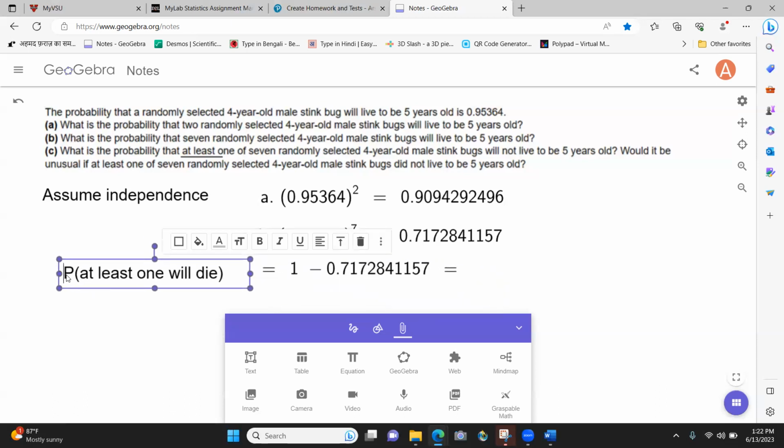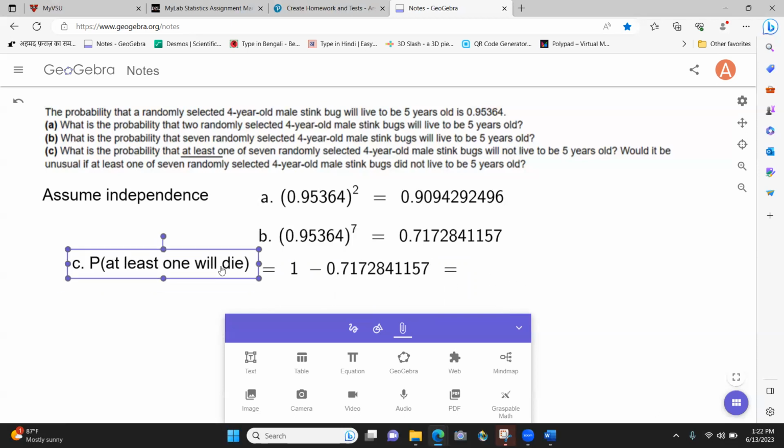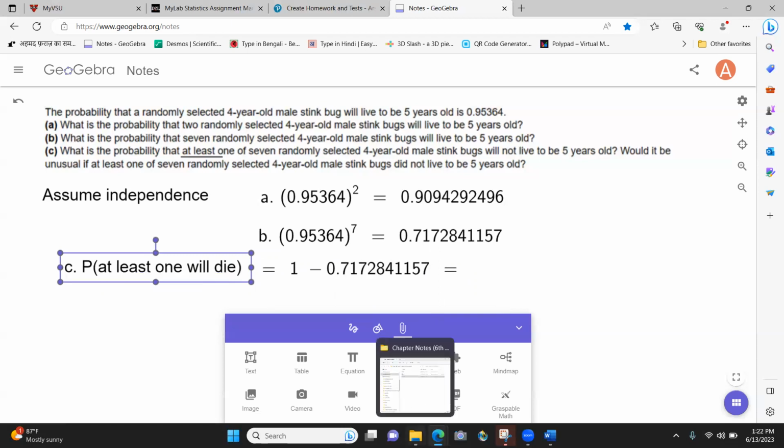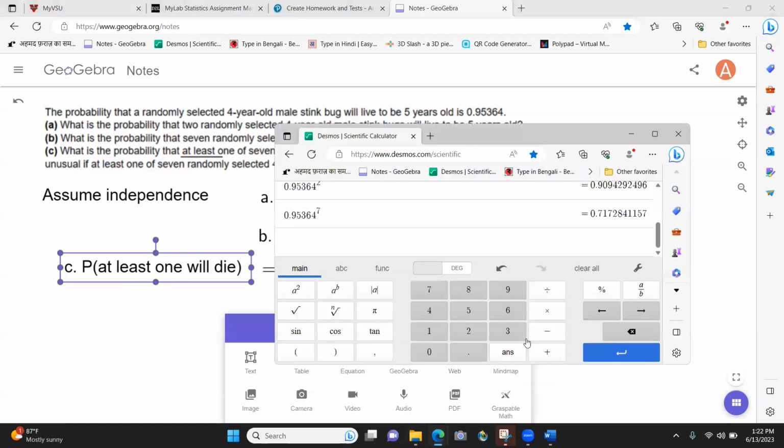And I'm going to write C here. We're working on C. All right, again, I'm going to go to Desmos for help. I'm getting this number, 0.28.